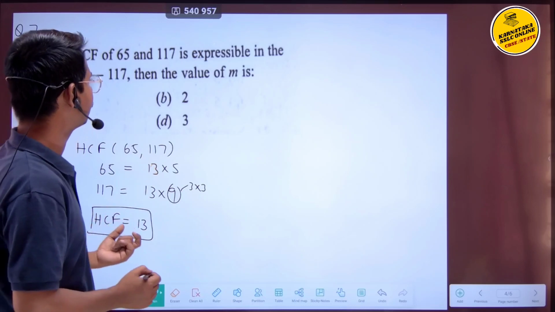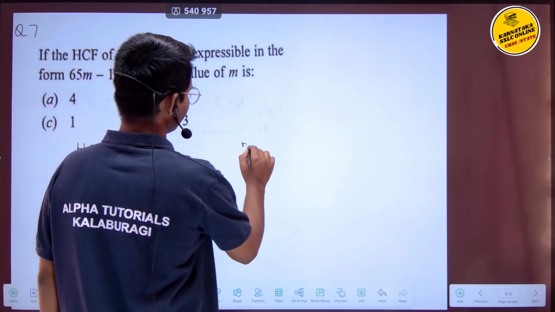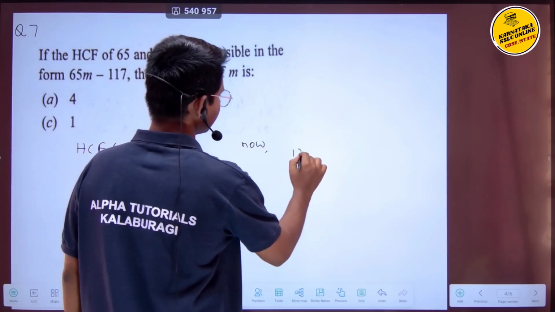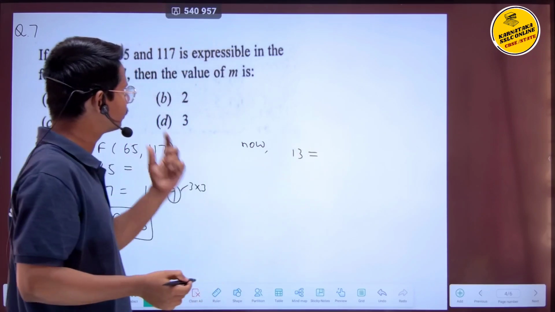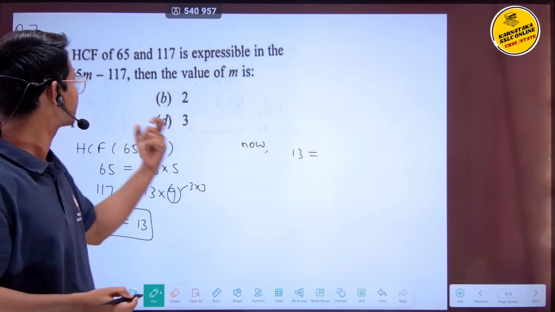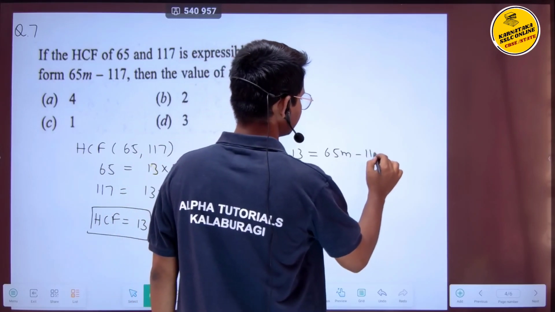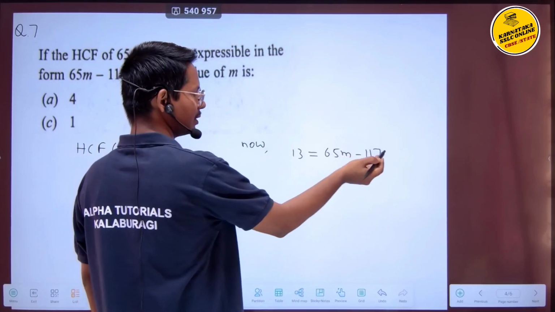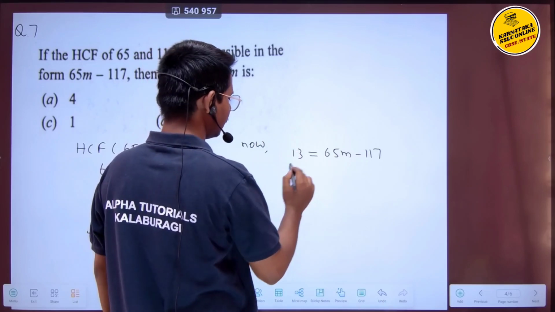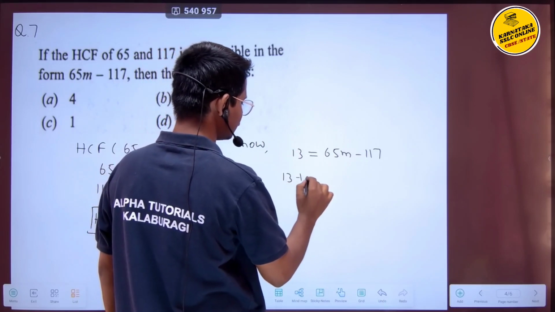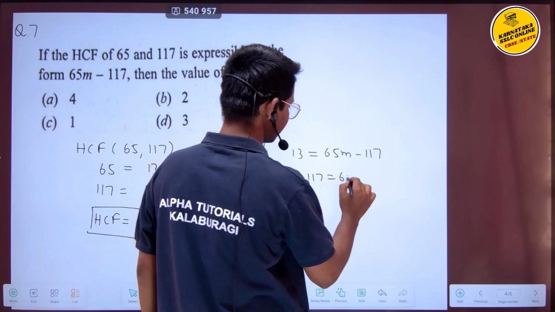Now they are saying this HCF of those two numbers, 13, can be expressed in the form of 65m minus 117. So I'll shift the number to the other side: 13 plus 117 equal to 65m.